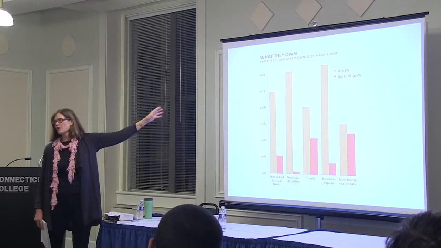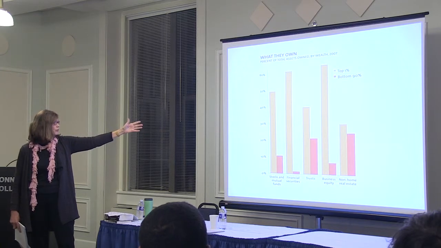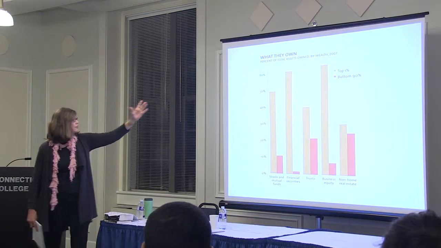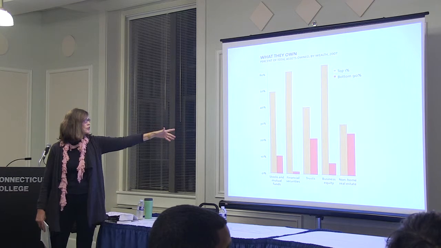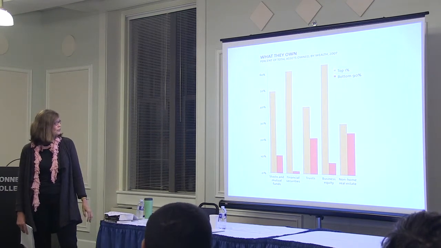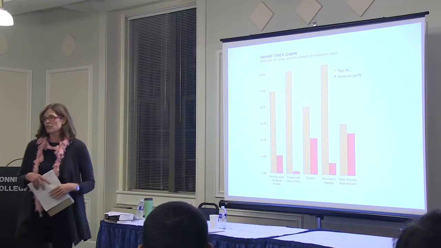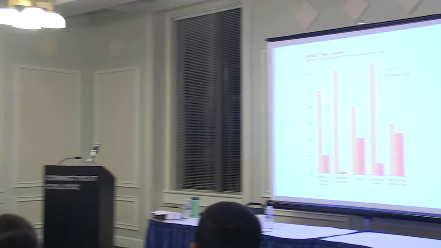So the top 1% has 50% of the value of assets that are in stocks and mutual bonds. They have 60% of financial securities, 40% of trusts, over 60% of business equity, and then about 30% of non-home real estate. So the combination of earned income and assets is what really makes the top 1% extraordinarily wealthy.